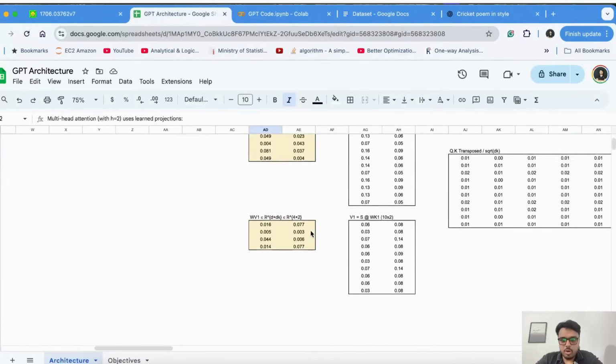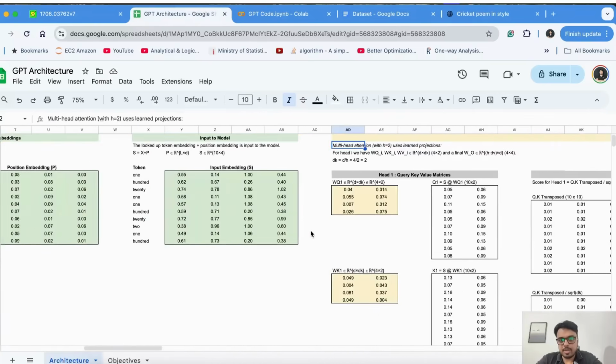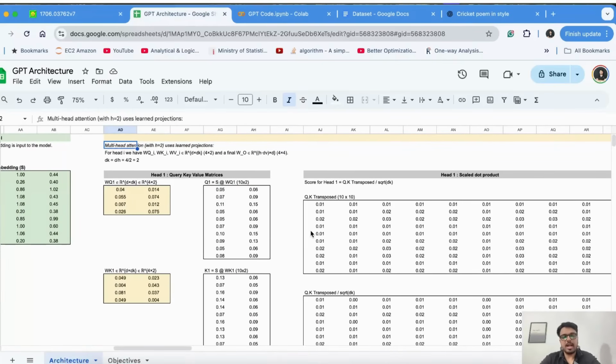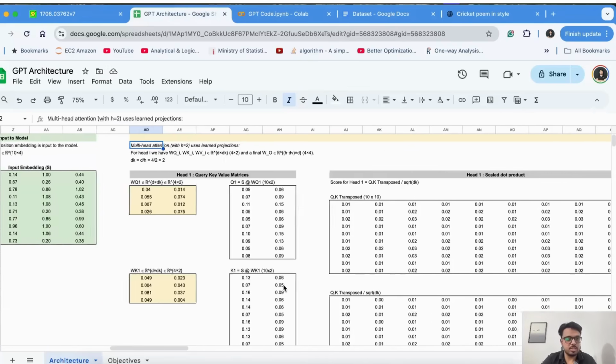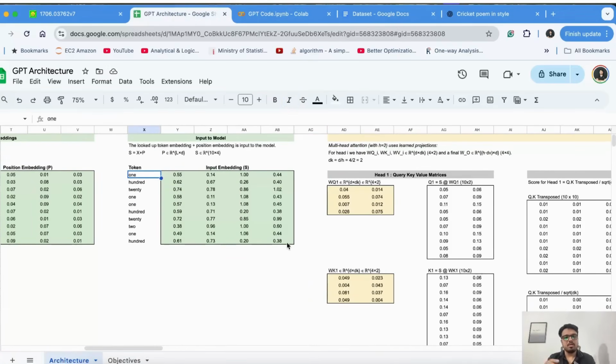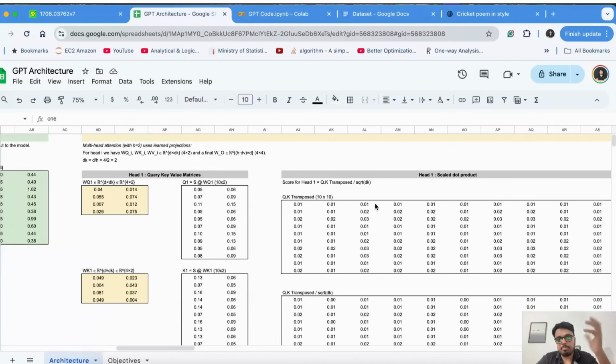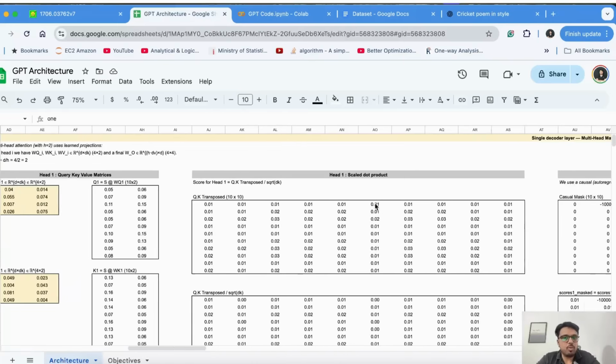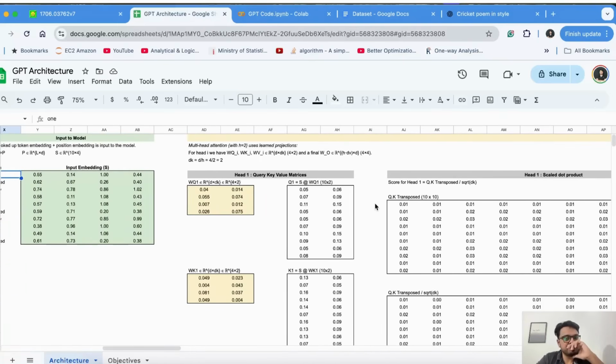Before we go into the workings of each head, the broader idea is that we are trying to establish relationships between each word and the other words in this sequence. For example, 1, how is it interacting with other words in this sequence, with 100, with 20, with 1, then with 100? That is the crux of what this attention layer effectively does.